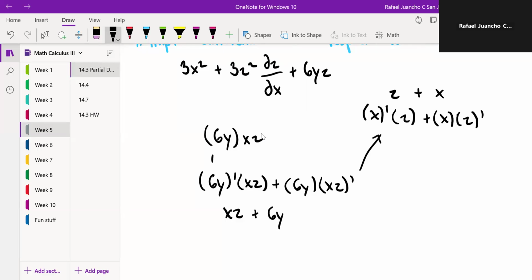Here I treat it as a function, right? So how would that look? Well, I just take its partial.